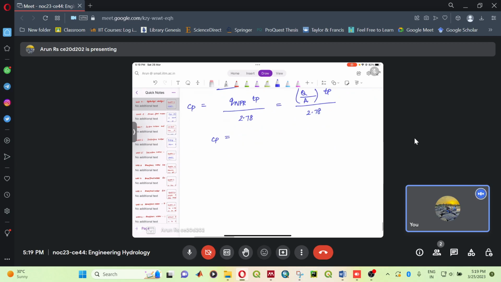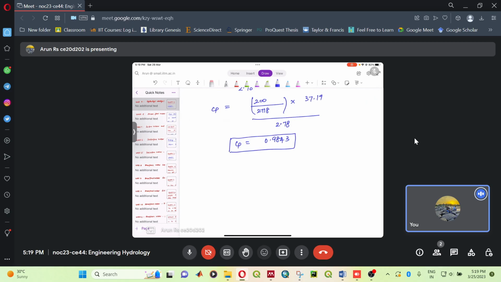So we can find the Q divided by area, which is 2718 into this, which we estimated. So we have CP is equal to 0.9843. So once we estimate the CP and CT, we can now move on to the watershed B.